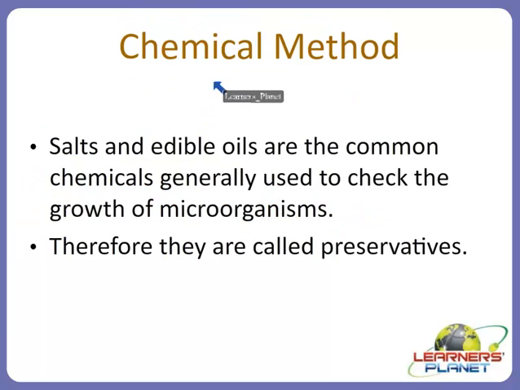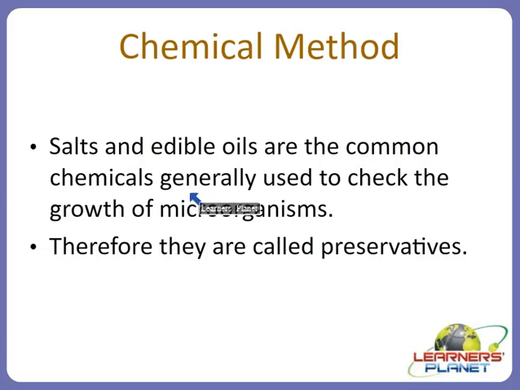The first is the chemical method. Now we all know what chemicals are. These are compounds or substances made up of certain elements. Commonly, what type of chemicals are used for this particular purpose? These chemicals are present at home itself, in the form of normal salts or edible oils.